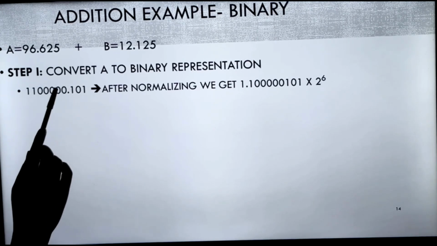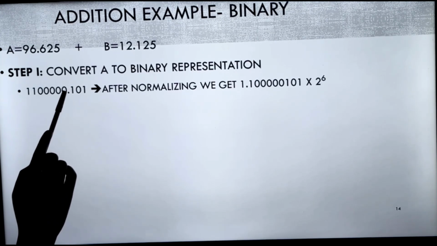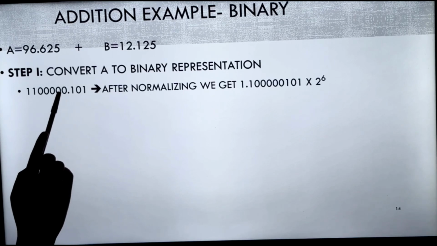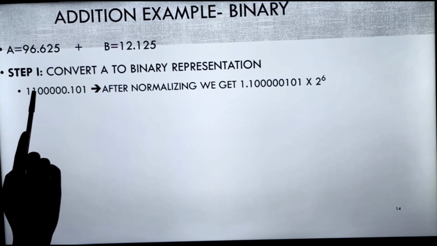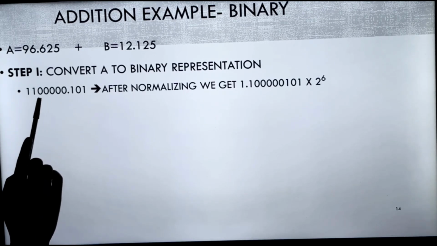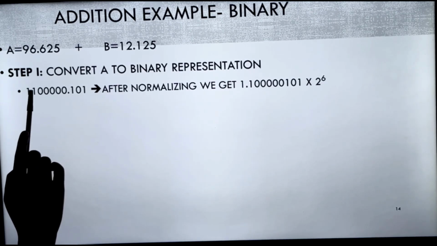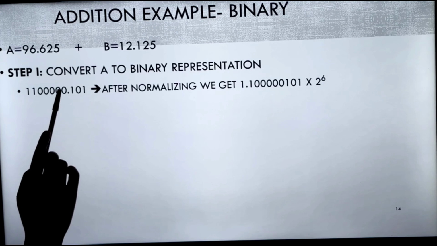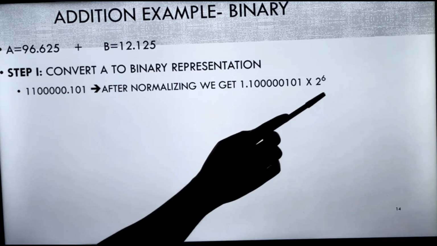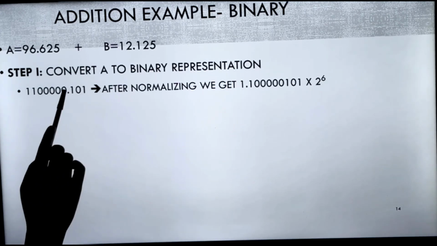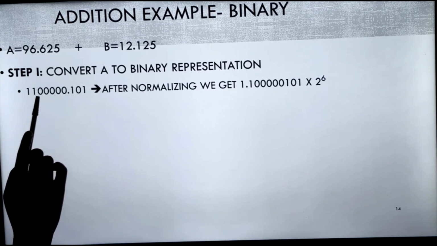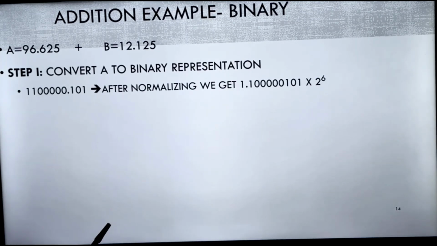If you make it so, how many times do you have to shift this dot point to the left? 1 2 3 4 5 6. Yeah, 6 times you have to move left. So the result will be 1.100000101 times 2 to the power 6. Why 6? Because I am moving left 6 times. If it is to the right, then it will be negative. We have already seen this in the last video.